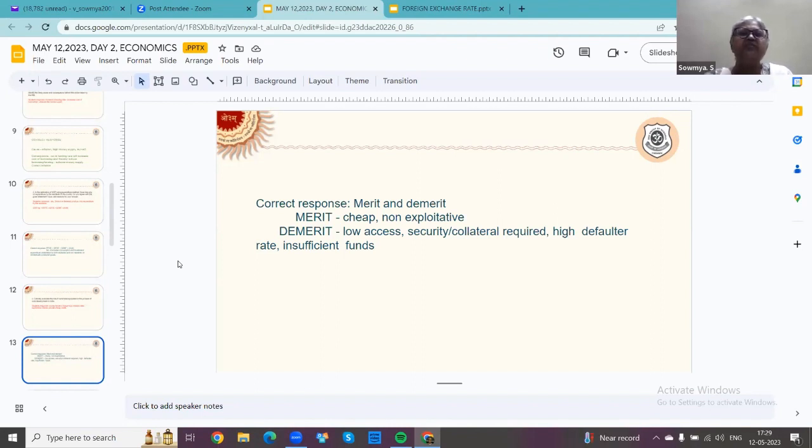So the board said, okay, fine. The children have to write 2 points of merit and 2 points of demerit, only then you give them the full 4, otherwise don't give. So see, children lose half, right? Of course they know the answer, but they do not know what would be a complete answer for what sort of question.